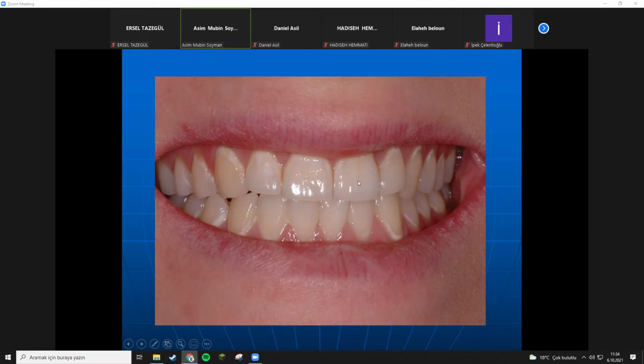So we decide that if we see white spots on the regions where food accumulates, we can decide it is the initiation of dental enamel caries.